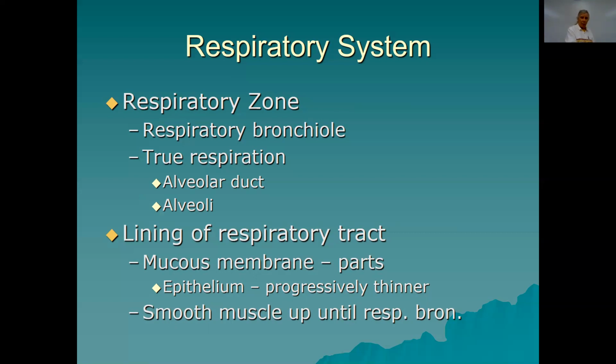It could cause a respiratory infection, could clog things up, inhibit gas exchange. So these little particles, dust particles or whatever, are going down there, and most likely they're going to hit the sides of the tube. If they hit the sides of the tube, they're going to get stuck in the mucus.